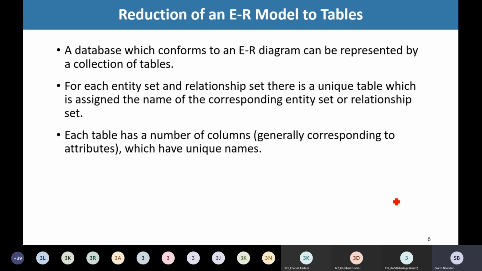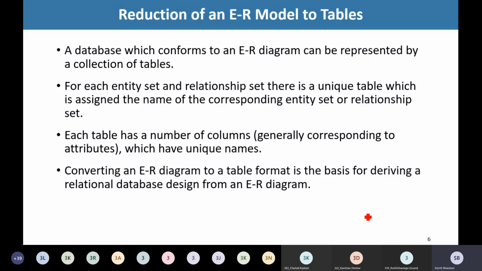So the attributes of the entity set or the attributes of the relationship set will be now the columns in the table, right? So in my table, every column corresponds to the attribute of my entity set or the relationship set. And obviously, in one table, all the attributes should be unique. Okay? Next.